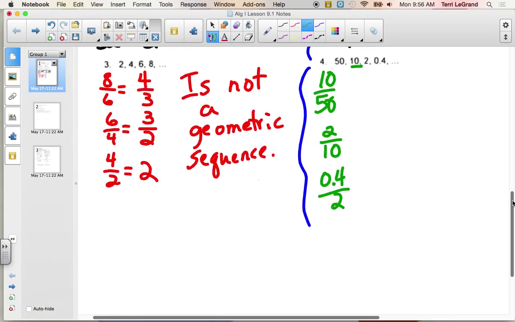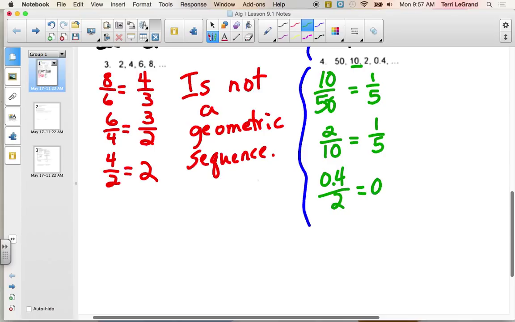So, what is 10 over 50? 1/5. What is 2 over 10? 1/5. What's 0.4 divided by 2? Is that what your calculator told you, or do you just know it's 1/5? Doesn't it first become 0.2?